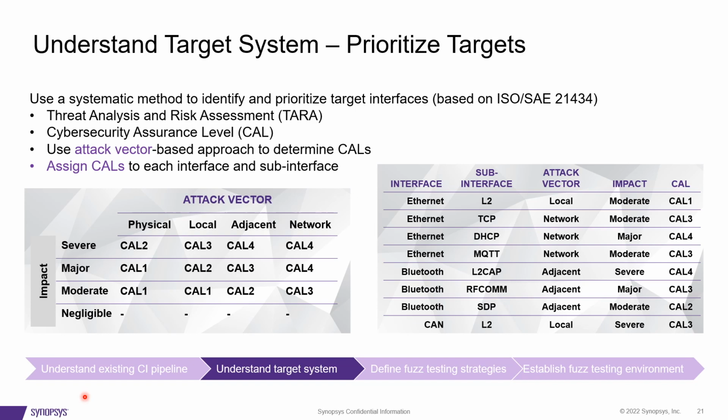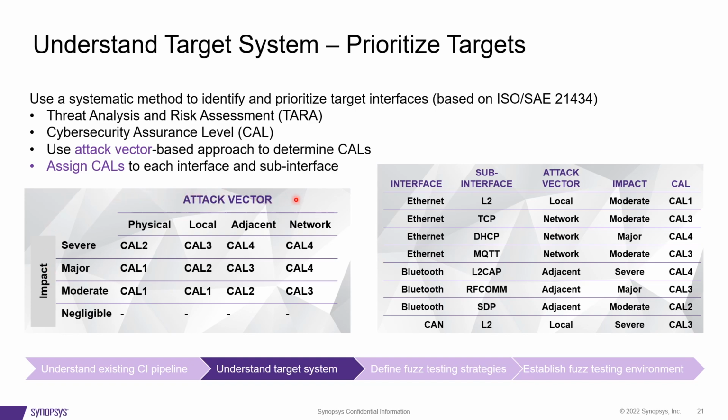So what we can do here, as you can see on the left-hand side in this table, is use a simplified approach, an attack vector-based approach, to determine CALs. We see here on the y-axis the impact of an attack, ranging from negligible to moderate to major to severe.